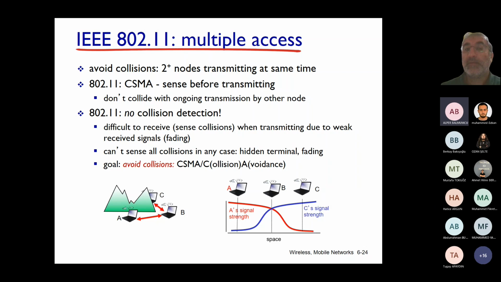And it cannot sense all the collisions in any case because of the hidden node problem or fading or shadowing problems. So that's why we are trying to avoid the collisions instead of detecting the collisions. So that solution is called CSMA/CA, collision avoidance.